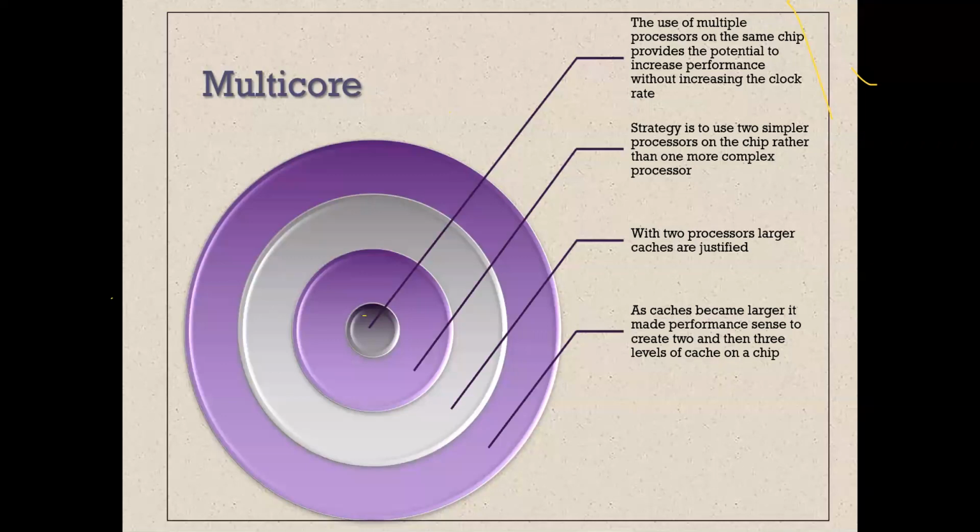Okay. So the strategy is to use two simpler processors on the chip rather than one more complex processor. And that is what lends itself to the Core Duo or Core 2 processors. So with two processors, larger caches are justified.